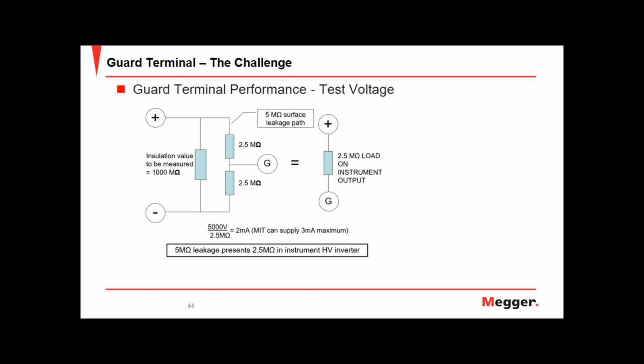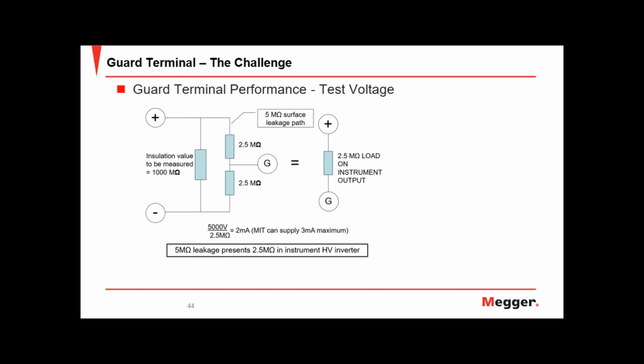So here we need to talk about the test voltage. Safety is not the only criteria, but we need to think about the test voltage. If we operate in this way, we can see that we've got a 2.5 megohm load between the guard terminal and the positive.